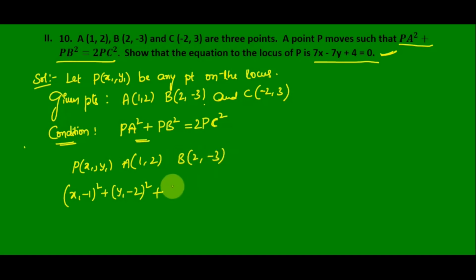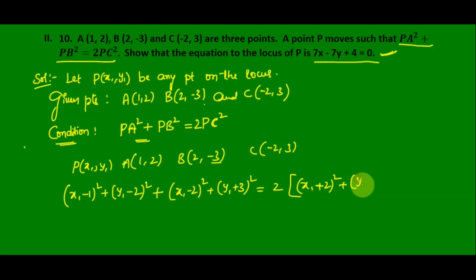That is (x1 minus 2) square plus (y1 minus of minus, this will become plus 3) square. Similarly, on the right hand side, 2 into PC square, where the C point is given as (minus 2, 3). P to C distance, same formula, that is (x1 minus of minus, this will become plus 2) square plus (y1 minus 3) square.